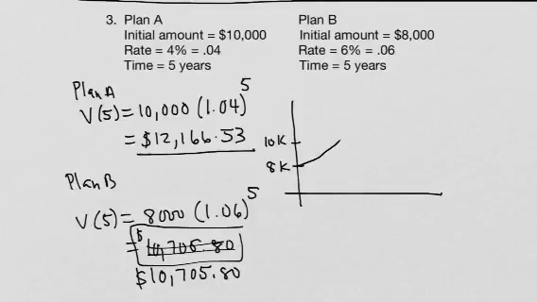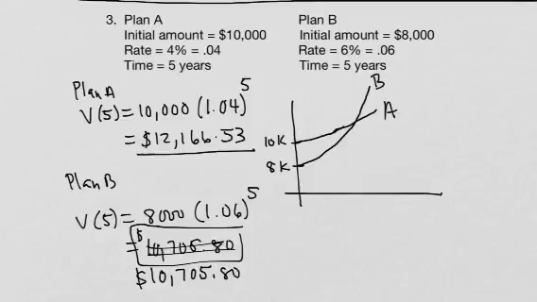Okay, and I didn't graph it right now, but just to give you an idea. And then the $10,000 one, yes, it's more, but it's growing slower, so it's a little bit flatter. So actually at some point, this is plan A, plan B is going to outgrow plan A, because the rate is slower for plan A. Okay, so that's the reason why.